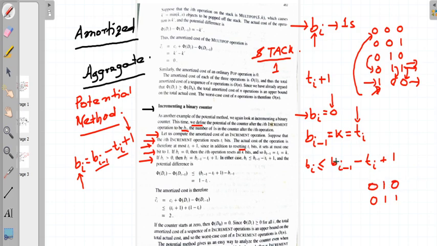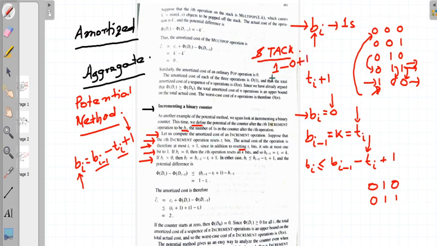We had 1. So b_{i-1} was 1. Okay. And then how many bits are we resetting? Can you tell me how many bits we are resetting here? 1 1? Is it? Or 0? 0. Yes. So 1 minus this 0, right? Plus 1. And then plus 1, right? Plus 1.